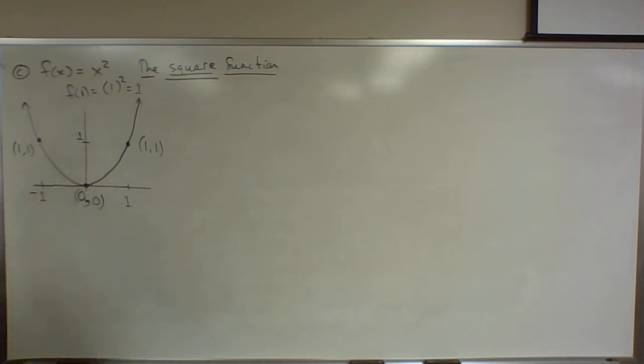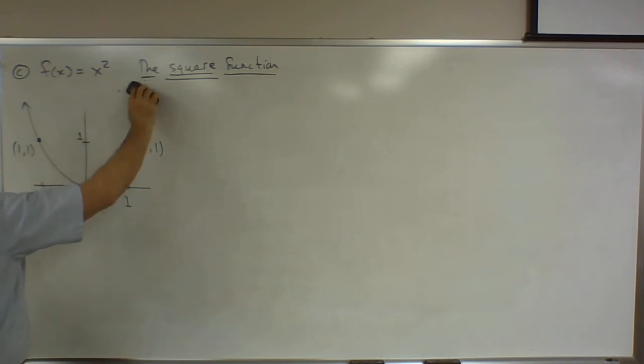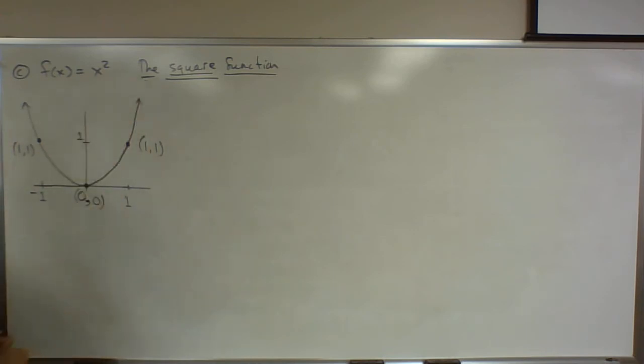And this is what my graph looks like, the squaring graph, or the square graph. Learn to recognize this graph by its appearance, and learn that when we see this equation, f of x equals x squared, this is what the graph looks like.